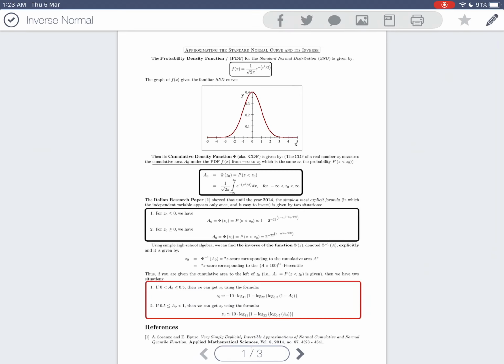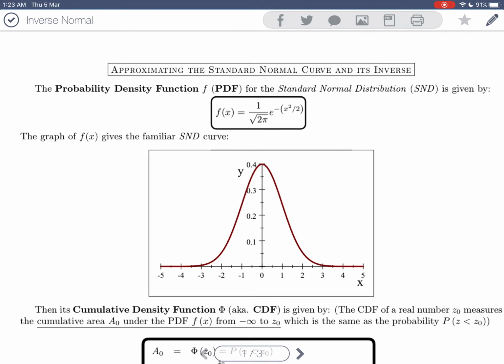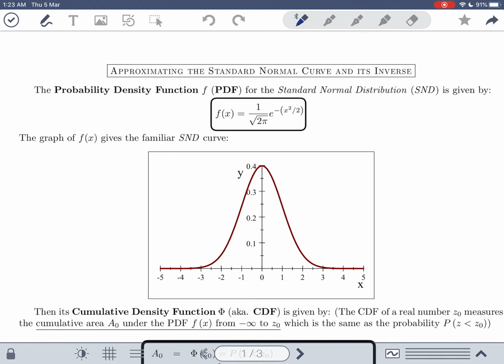So I prepared this one-page document that actually summarizes the research paper. And first thing I want you to notice is the definition of the probability density function for the standard normal distribution curve. So this is the function, and the graph of it is here.